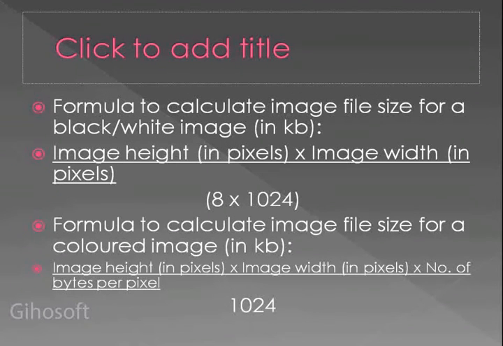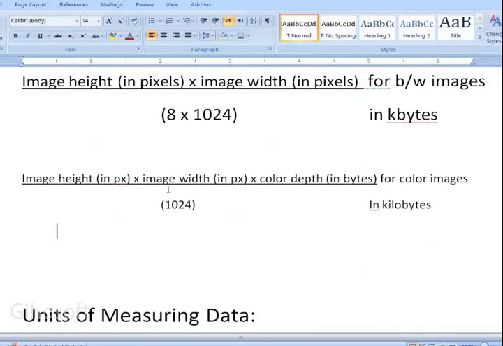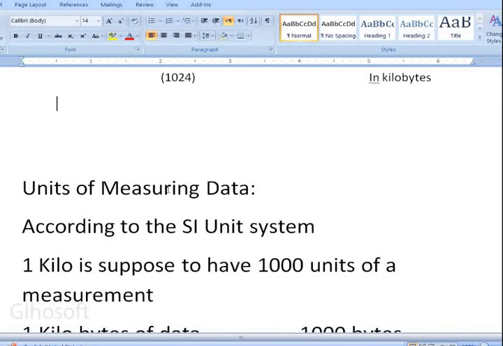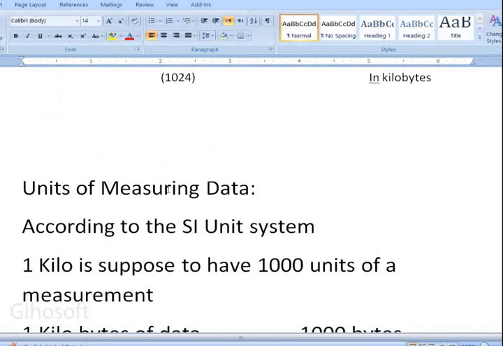Okay. Now the next thing which we need to discuss is the measurement of data storage. Now you might be familiar with kilobytes, megabytes, gigabytes, terabytes and petabytes and so on, but there was a problem with that old system.